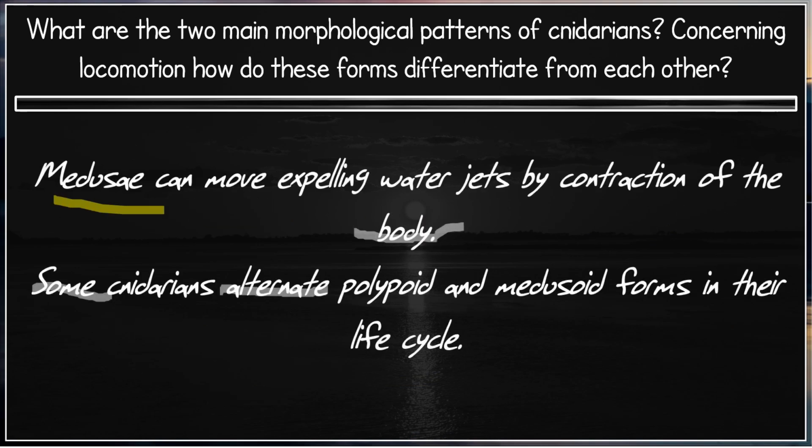Medusae can move expelling water jets by contraction of the body. Some Cnidaria alternate polypoid and medusoid forms in their life cycle.